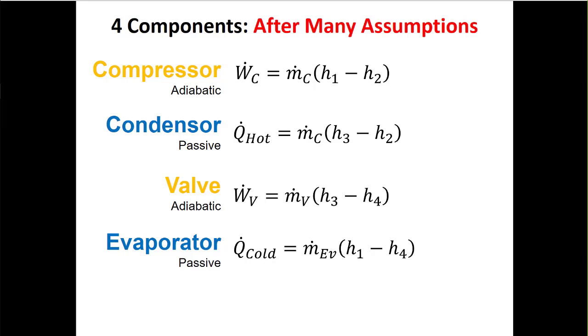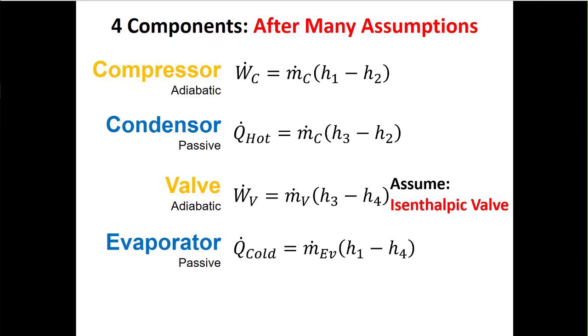And then the evaporator and the condenser, where I'm transferring heat, that's going to be m dot times h out minus h in. If we did conservation of mass on all these components, because they're all chained together, they're all one inlet and one outlet, and they're all at steady state, we're going to find that all these mass flow rates are the same. So even though I have different subscripts on these m dots, they're all the same.